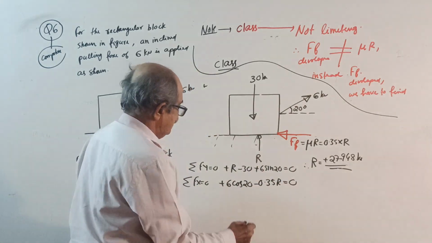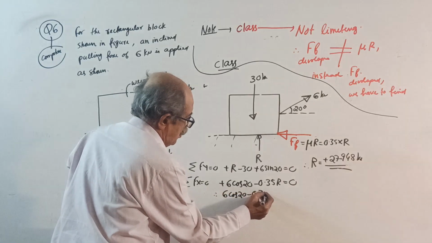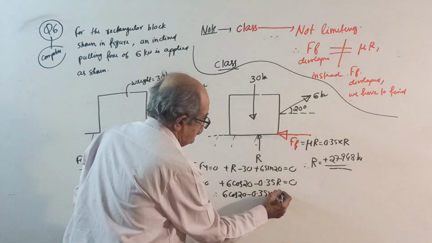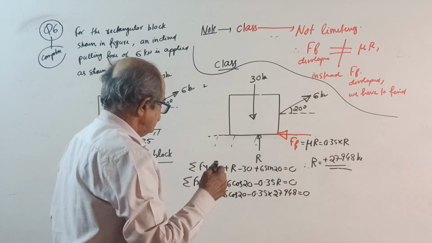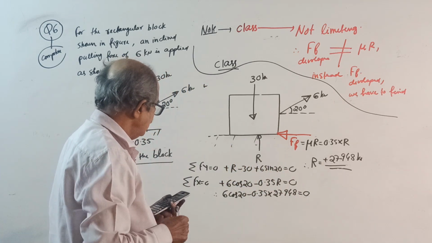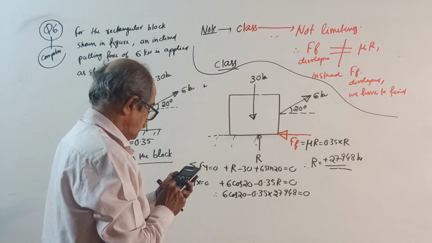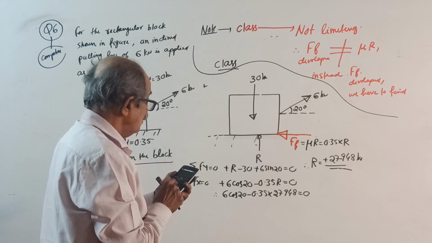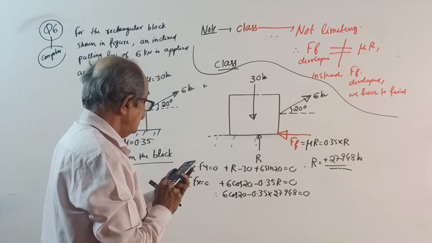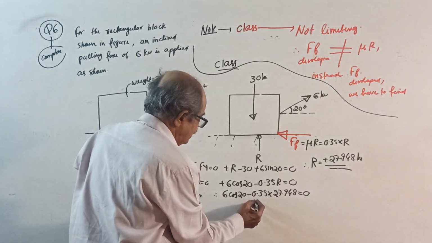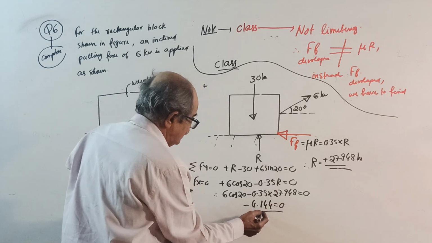Therefore, substituting, 6 cos 20 minus 0.35 into 27.948 equal to 0. Then suddenly, what is this? 6 into cos 20 is something, minus 0.35 into 27.948 is minus 4.144 equal to 0. What is this?